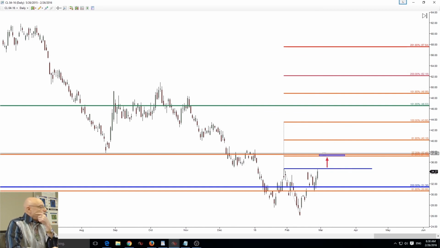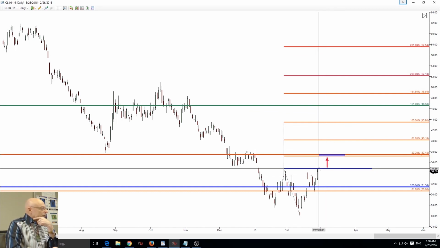Okay, so it's our first target after that line is broken, so it's long above that line.